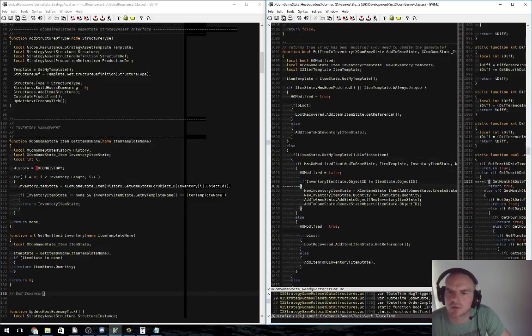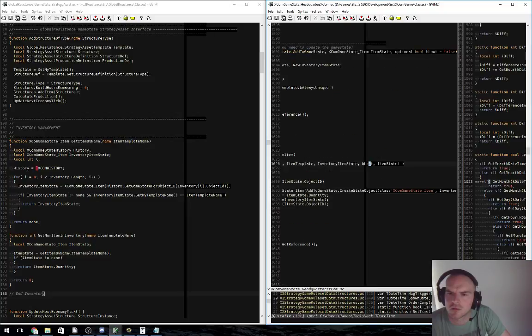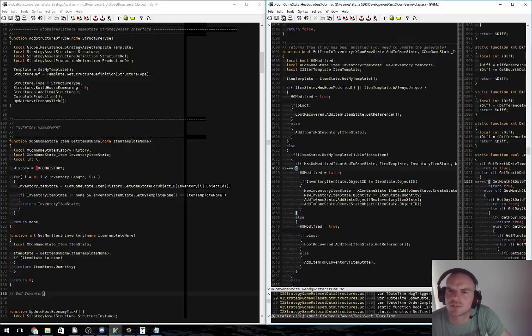Here we go. So yeah, inventory items state ID. Has unmodified item. Okay.